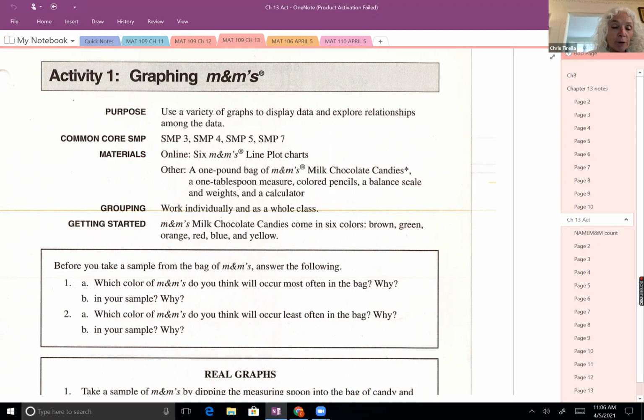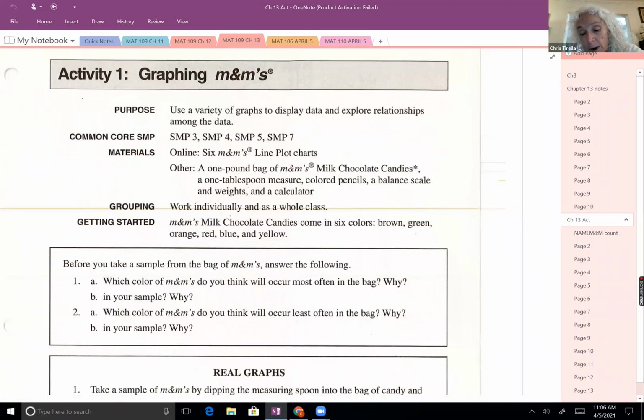I don't know if you folks have a measuring spoon or not. And so I'm going to real quick on my own measure out a tablespoon and count for you how many that is. My tablespoon held 2, 4, 6, 8, 10, 12, 14, 16, 18, 20, 23 M&Ms. So let's have everybody count out about 25 M&Ms. Please just take them as they come. We want them to be kind of random with respect to color.